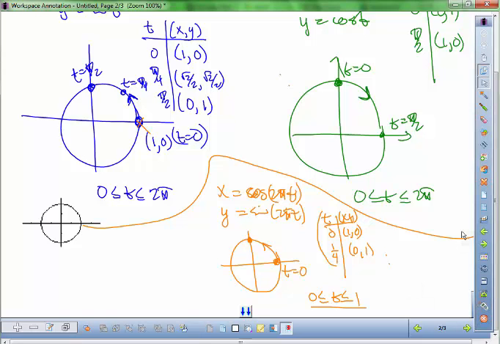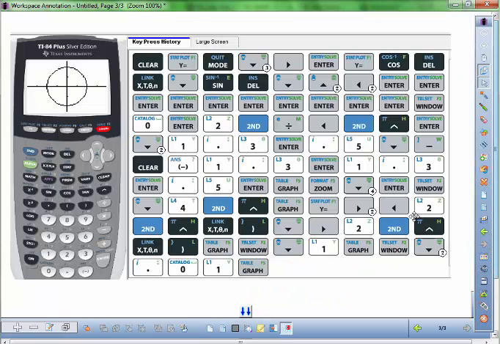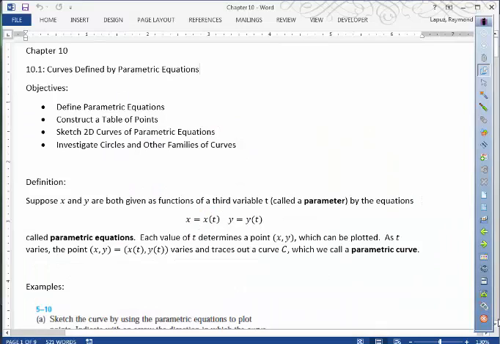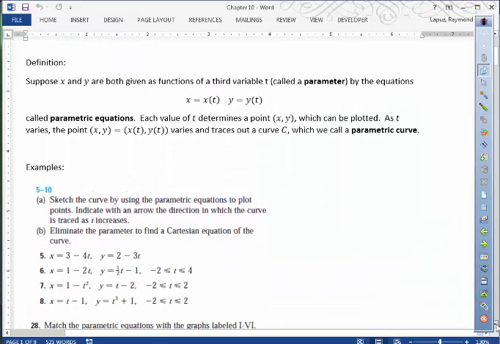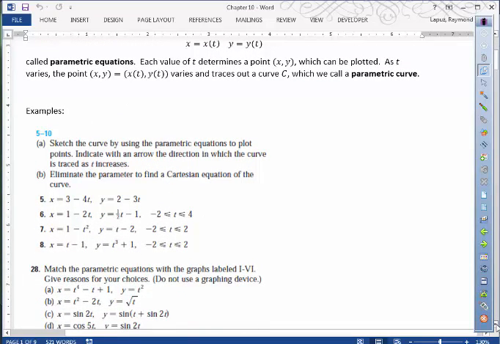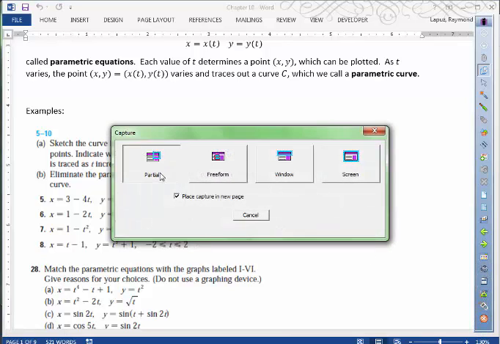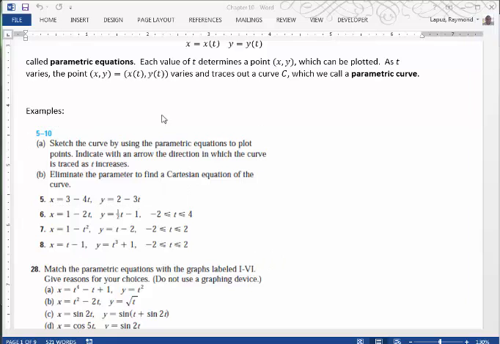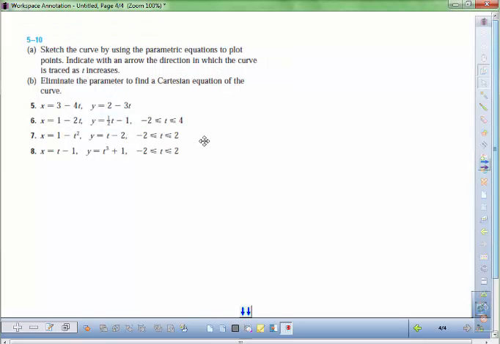But let's try to examine other types of graphs, graphs that you might see in the homework, and graphs that will be important for us later on. Some of the exercises in your homework assignment ask you to see how the graph might look and then sketch the graph.